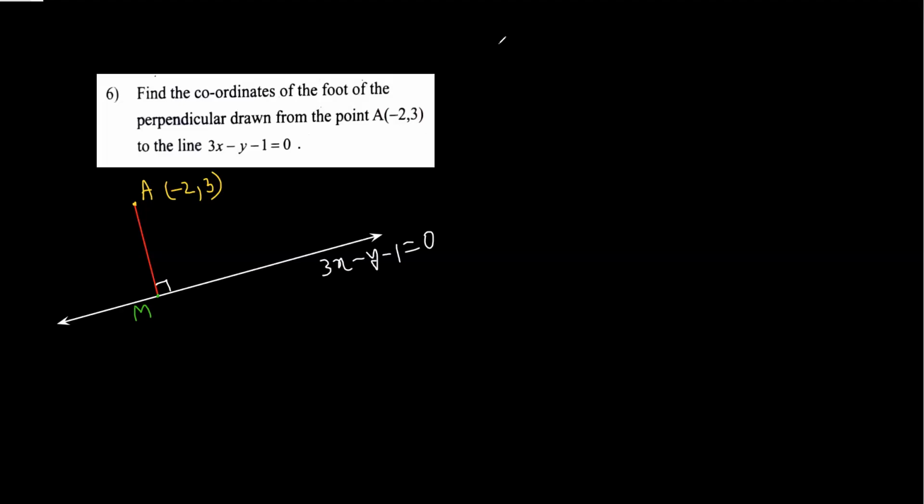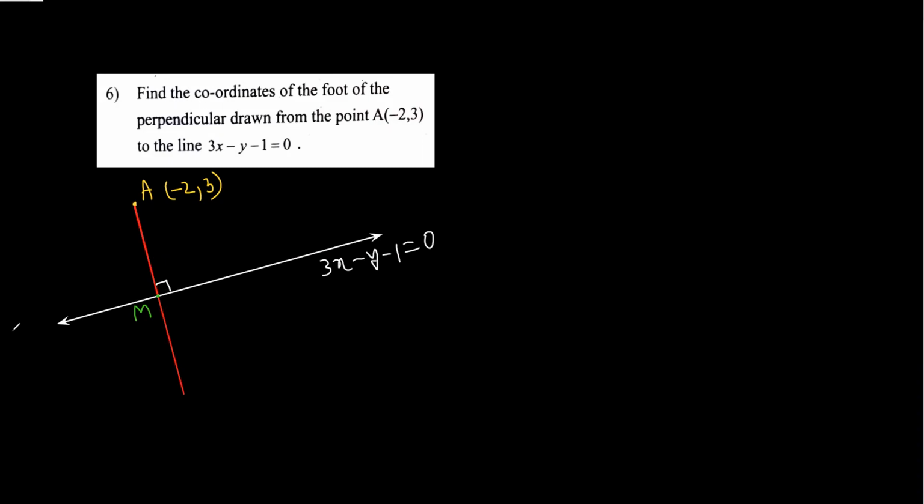What I understand is, see students, if I extend this AM, if I extend this line, I can call this point M as point of intersection of these two lines.